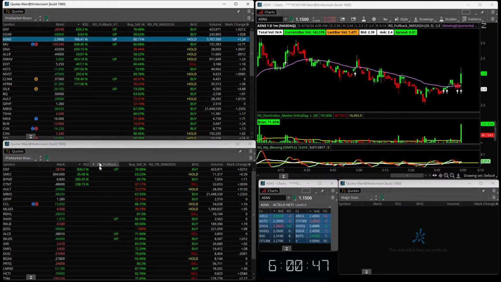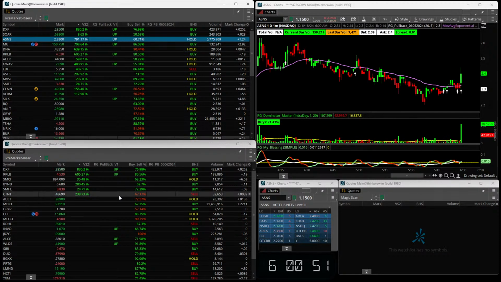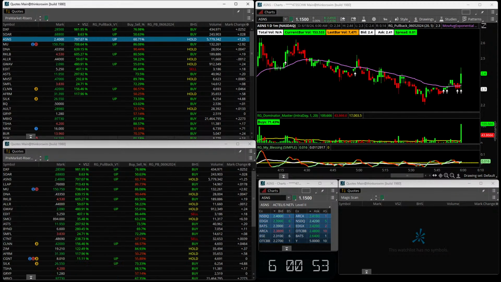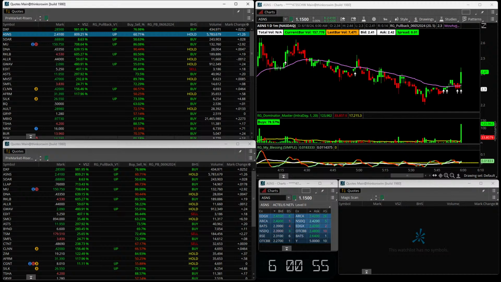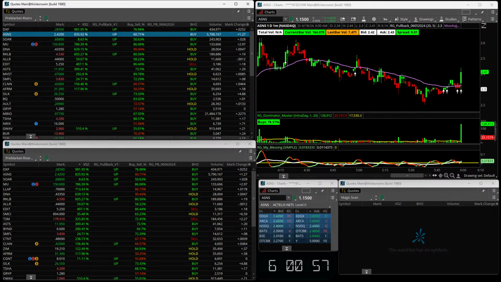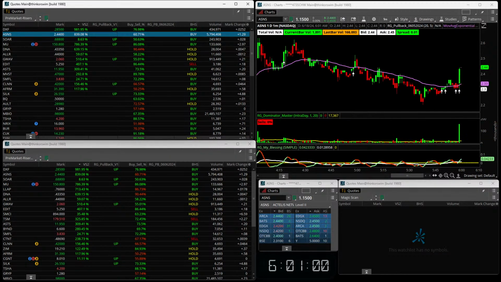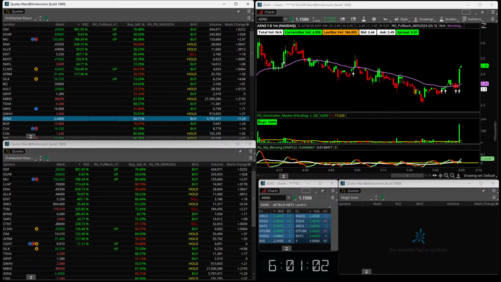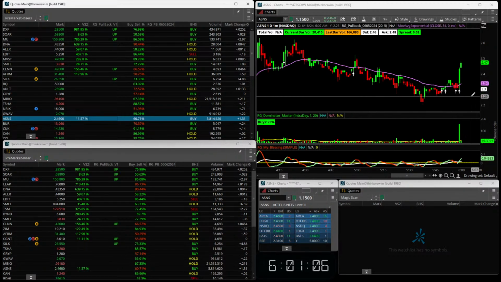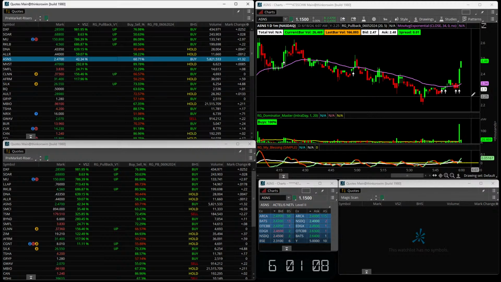ASNS starting to make a move upwards, only paying pennies at this time. Let's see if we can get it to push up higher. Pushing on up.